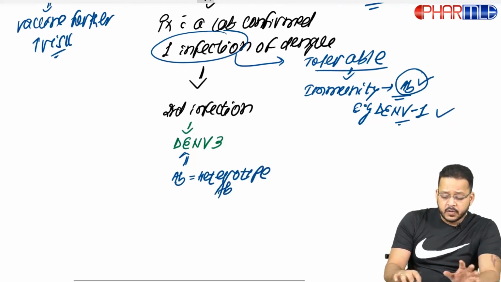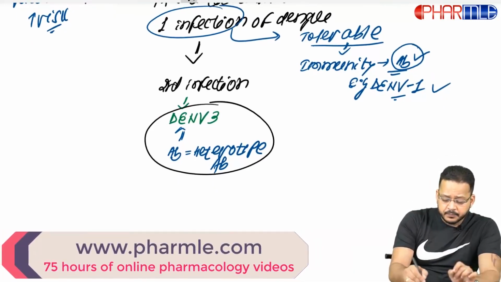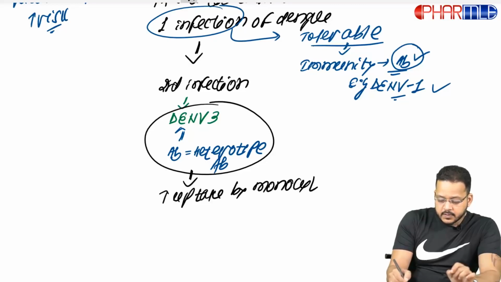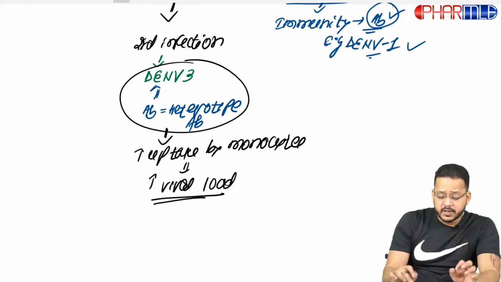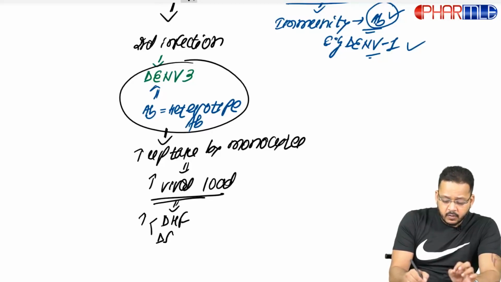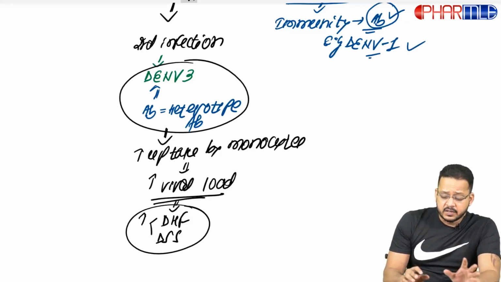These heterotype antibodies attack Den-V3, and this results in an increased uptake by the monocytes, and there is a higher viral load in the patient. That is why this significantly increases the risk of dengue hemorrhagic fever or dengue shock syndrome. So severe disease risk is much higher in the second infection.